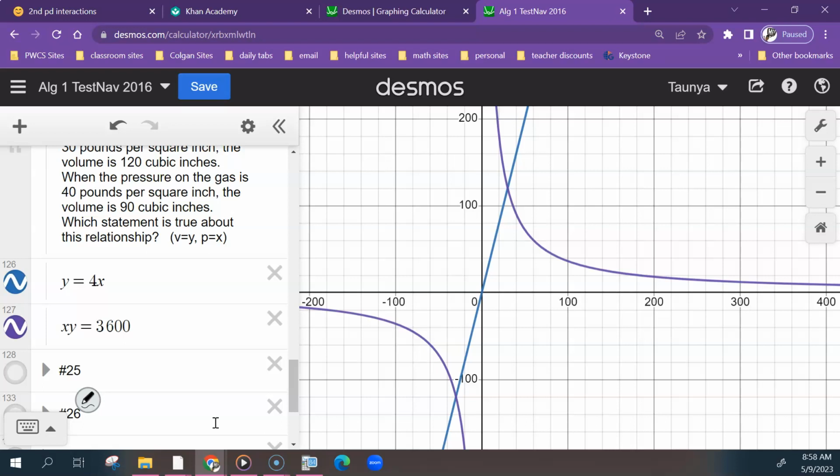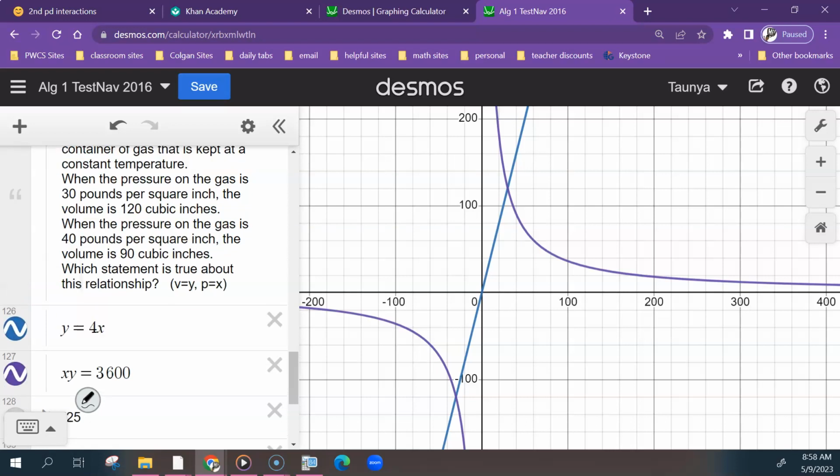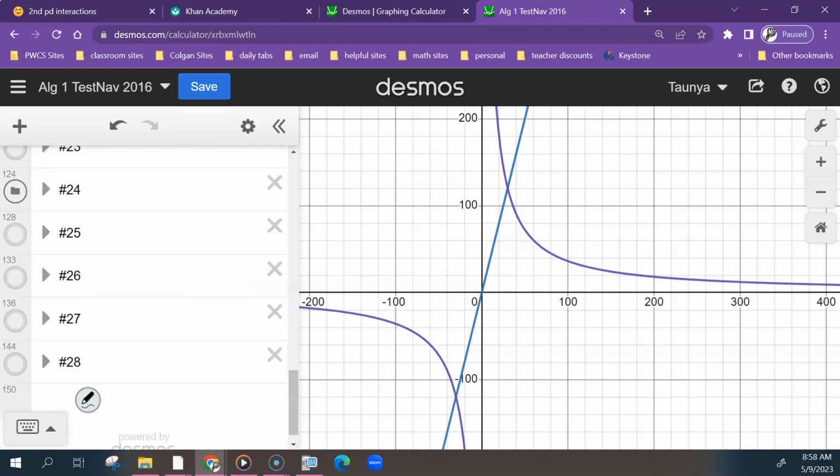Inverse looks like this, so it has to be the one that matches that. So D was that answer. So you can get those right in a couple different ways: knowing what they look like, knowing the equations, knowing if they go up or down together, or vice versa. But you have to keep all those things in mind.